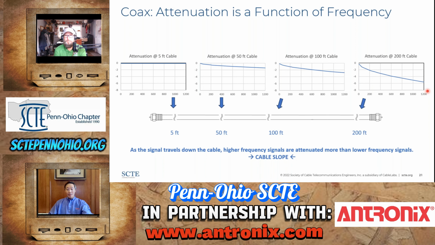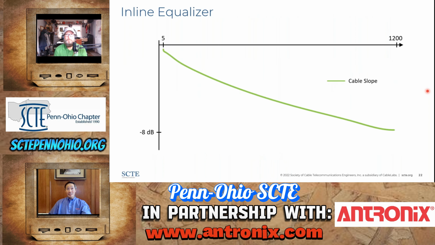Correct. Well said. And here is an inline equalizer, and this is like the cable slope, so it's cable shaped. A linear equalizer would be more of a straight line, but cable has a slight down tilt to this.